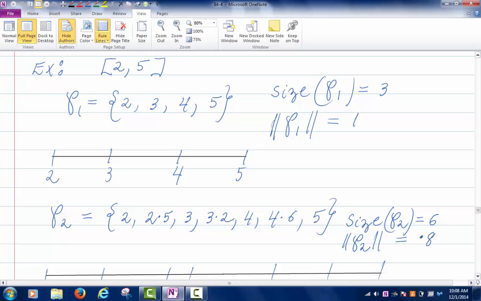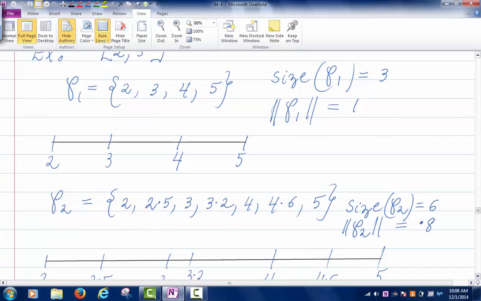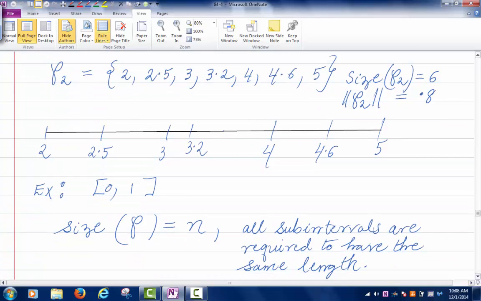If I look at the partition P2, for the same interval from 2 to 5, we have 2, 2.5, 3, 3.24, 4.6, and 5. In that case, the size is 6, because there are 7 partition points. And the mesh is 0.8, because that's the largest of the lengths of the subintervals.